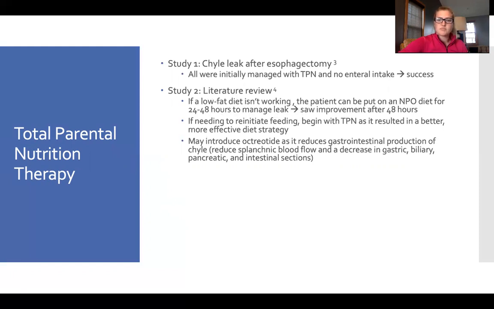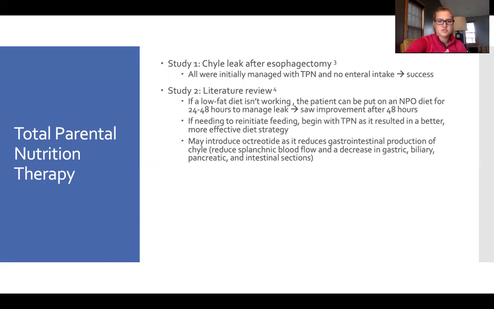So what they saw is an improvement after 48 hours NPO. If needing to reinitiate feeding, they began with TPN as it resulted in a better, more effective diet strategy. This may be because they are bypassing the whole GI system, but they're still able to get enough calories and protein, whatever they need, through TPN.